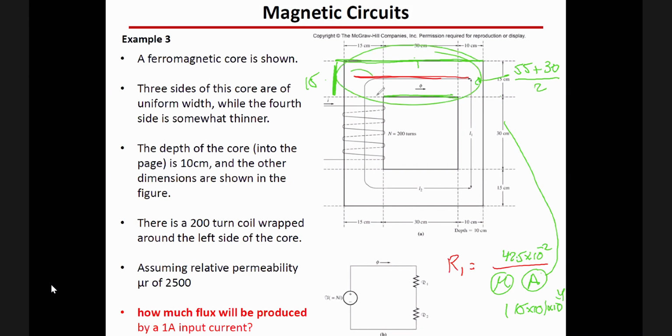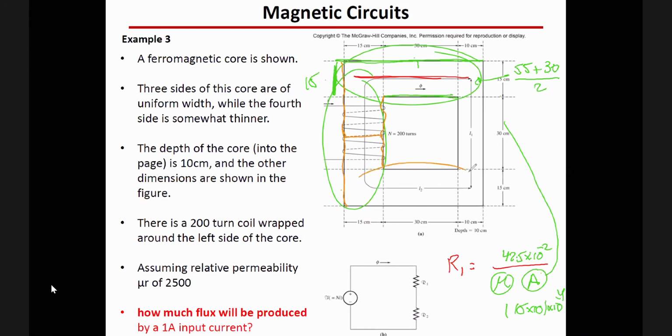What about this one? Almost the same, the same procedure. For example, the average length will be this outer length, which is 60, plus 30, divided by 2, which is 45. The area will be 15 multiplied by 10, same area.